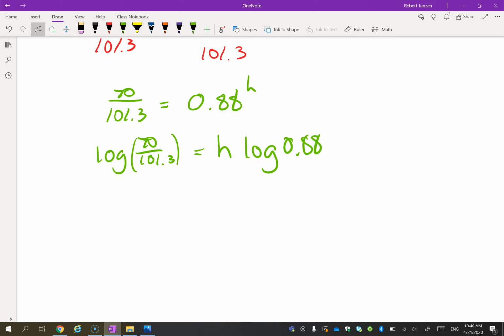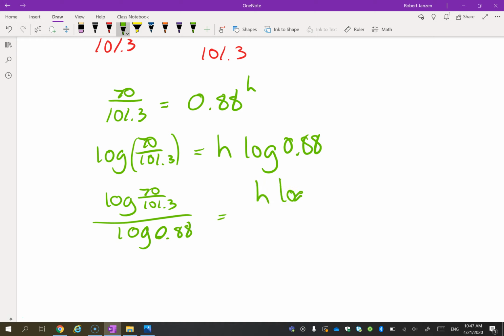And then to get h by itself, I'm going to divide both sides by log of 0.88. Okay, so those cancel out, and h is, well, let's try it.